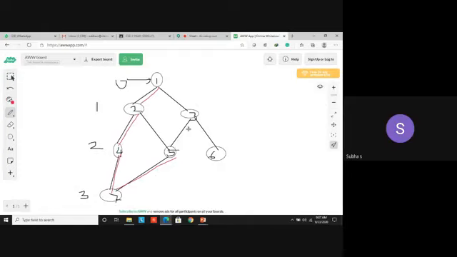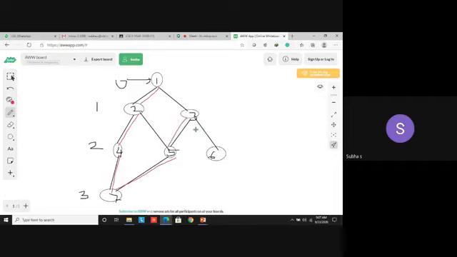Then you find whether any other adjacent vertex is present or not. Yes. Now from 5 you check the adjacent vertices. How many nodes are adjacent to 5? 2 and 3. 2 is already visited, so from 5 where can I go? 3.